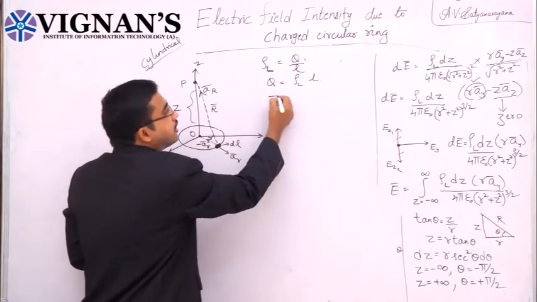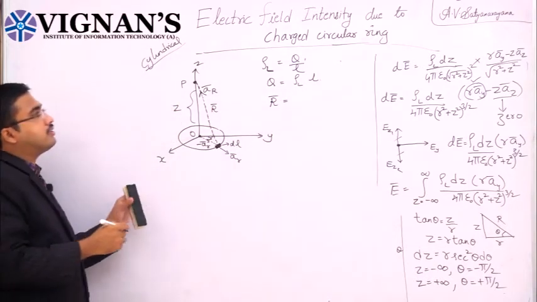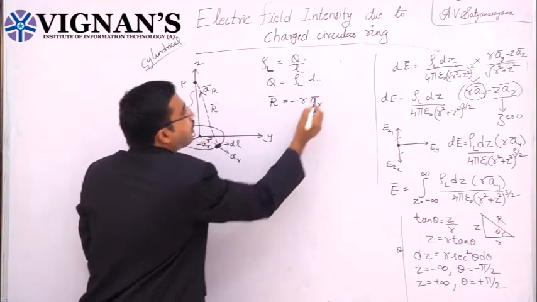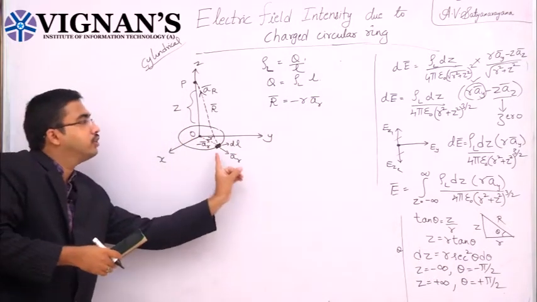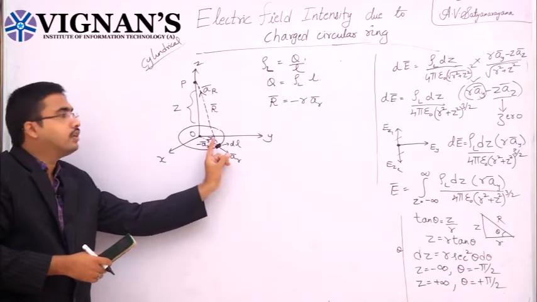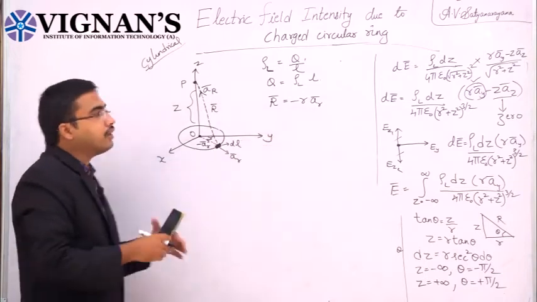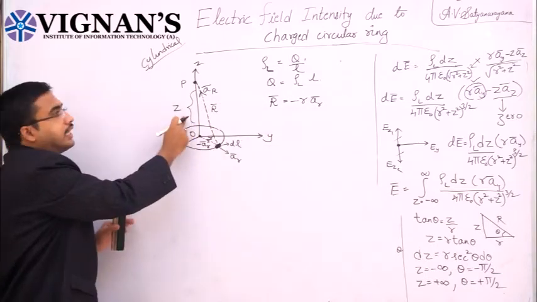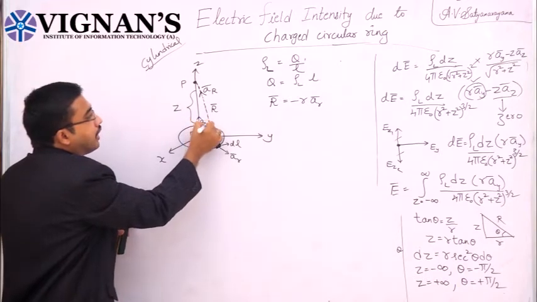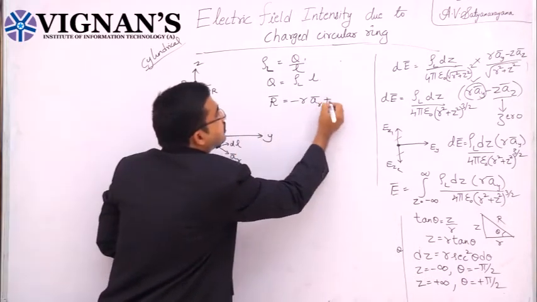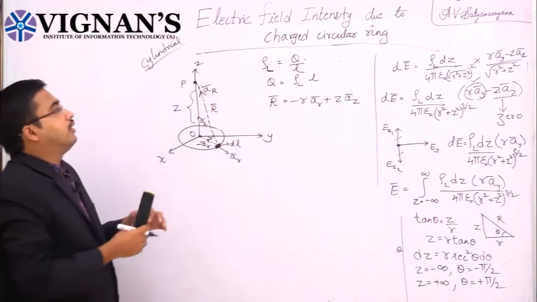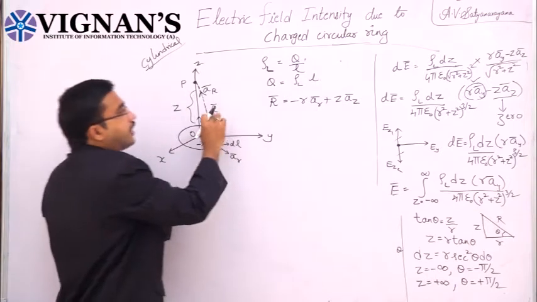This distance vector R bar can be taken as minus r into ar bar, because the unit vector towards the point P is minus ar bar and the distance is r, plus z into az bar. Now this is the distance vector R bar.